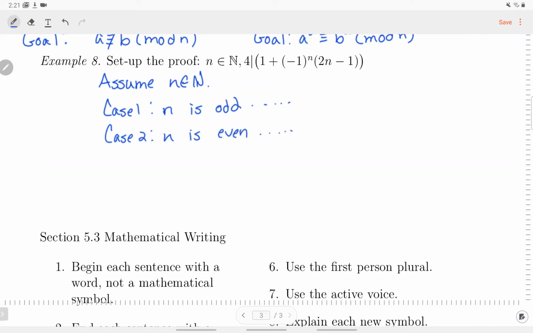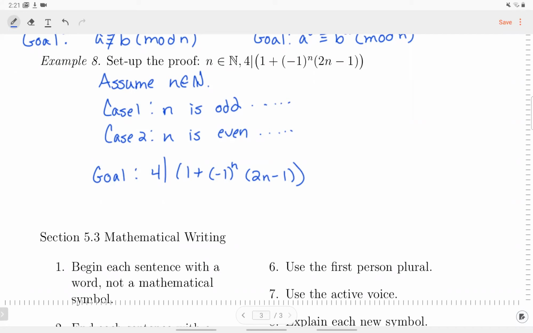And then somehow out of that, we would get our goal that 4 divides that crazy mess. Okay.